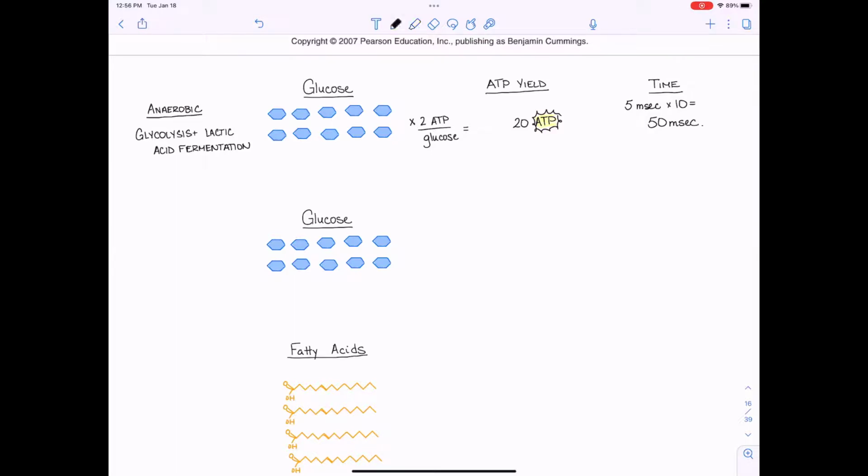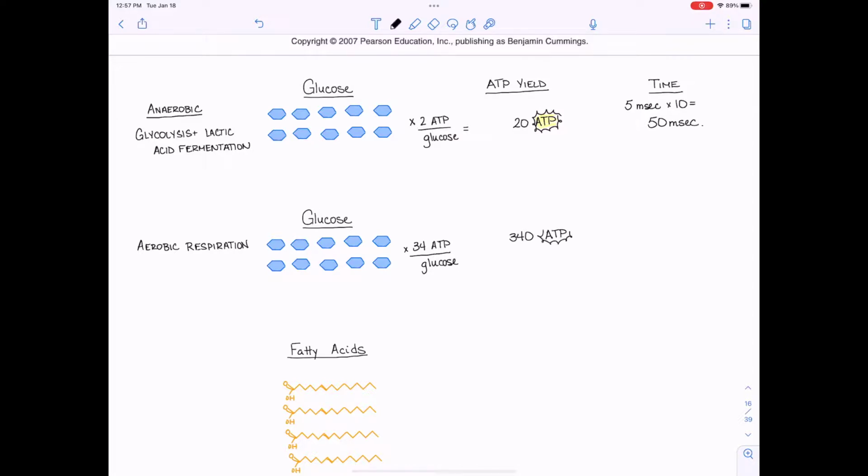So now let's consider that I process my 10 glucose molecules aerobically. So now I'm going to use aerobic respiration. This requires that I have access to sufficient amounts of oxygen, but I get 34 ATP per glucose instead of 2. Which means that when I process these 10 glucose molecules, I'm going to have 340 ATP.